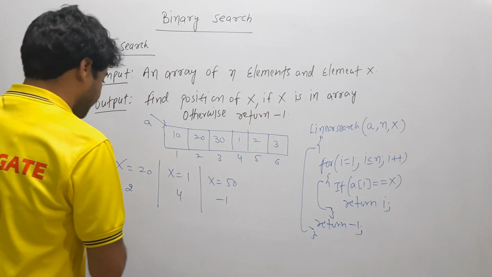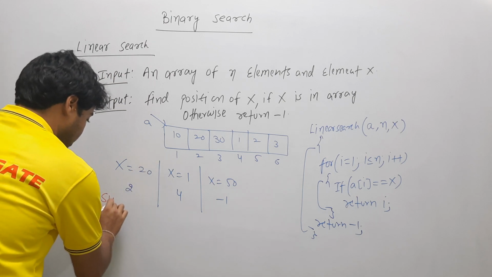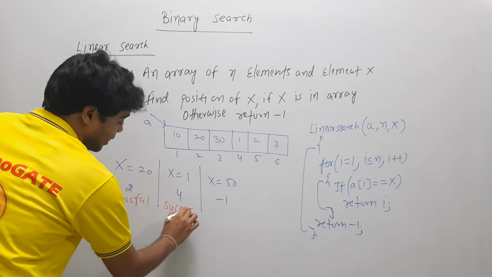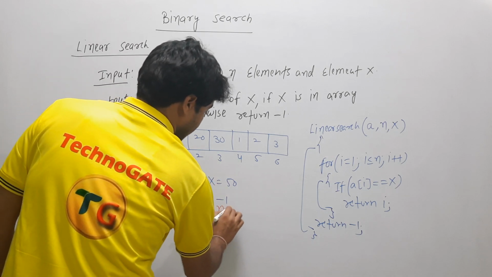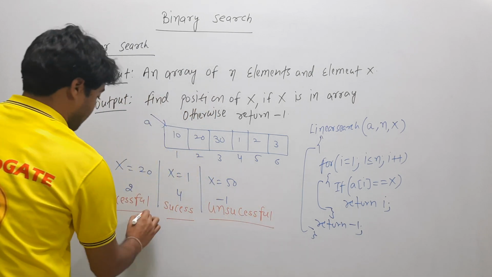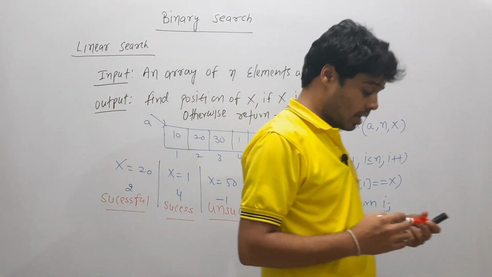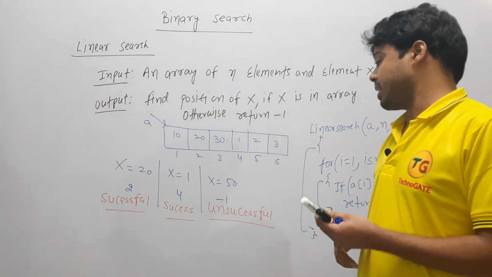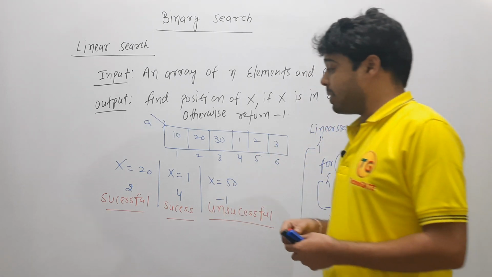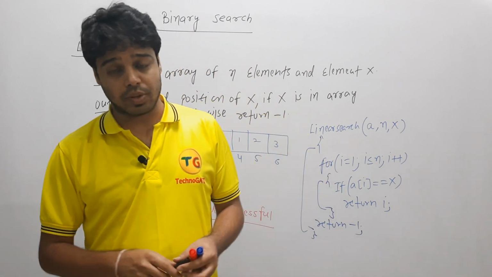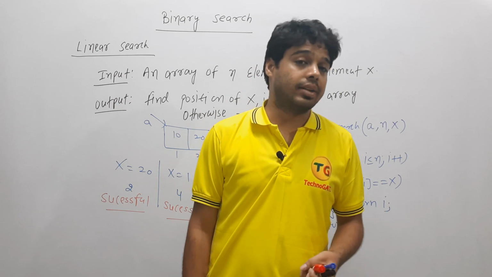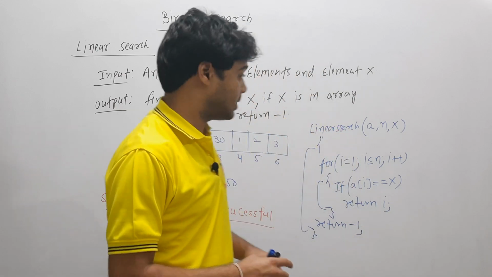For x as 20, successful; for 1, again successful; for 50, unsuccessful. So what is the time complexity in a successful search and in an unsuccessful search? Let's see.